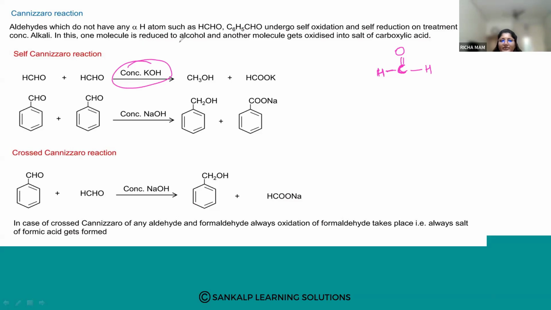So what are you going to get? One will be your alcohol, so it is reduced to alcohol, and another is the salt of carboxylic acid. I'm going to take two molecules of formaldehyde, react with sodium hydroxide, or you can take potassium hydroxide, followed by heating.